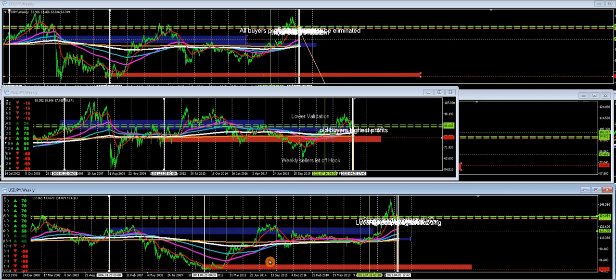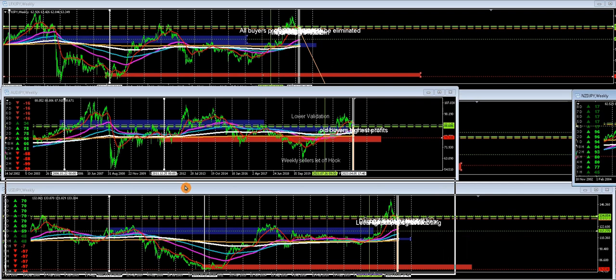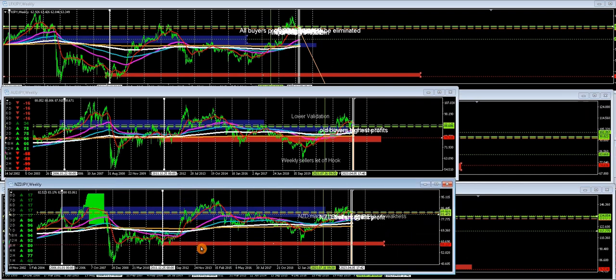Now let's look at this level of sellers here. In the Aussie, they've validated it here. If we bring the New Zealand over, we see they have not validated the bottom yet.